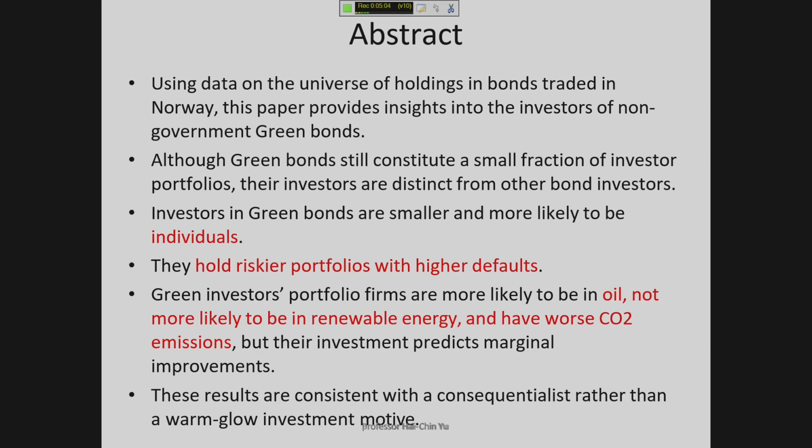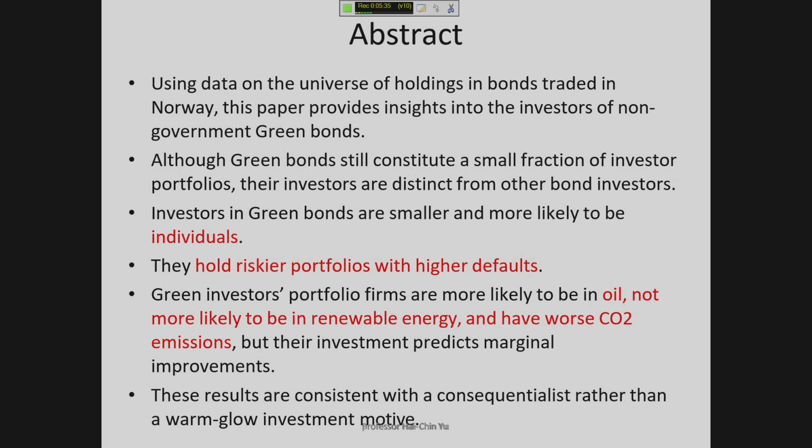So let me summarize this paper first. This paper is a Norwegian case, and the paper provides insight into investors of non-government green bonds. They found that investors in green bonds are smaller and most likely to be individuals, which might be different from regular bonds.